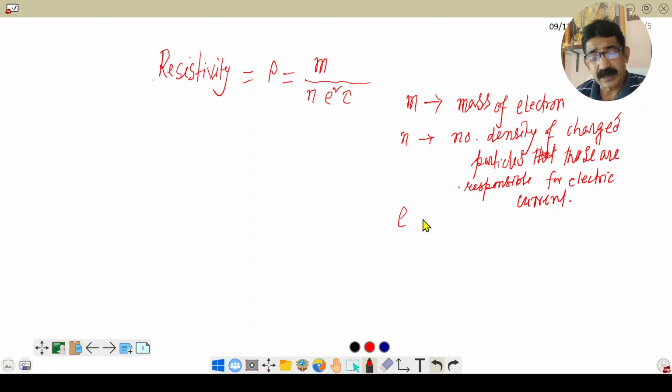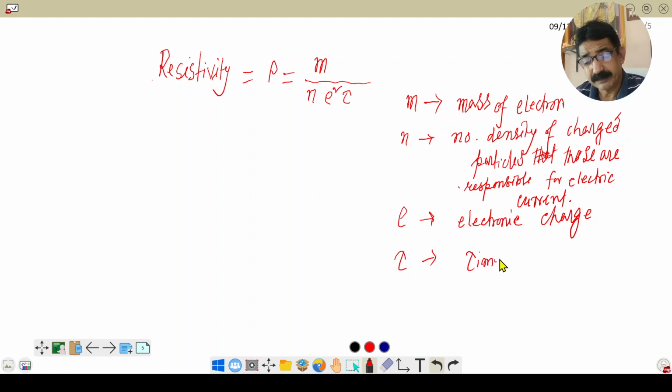And e is equal to the electronic charge. You know, e is equal to the electronic charge. And tau is equal to the relaxation time.